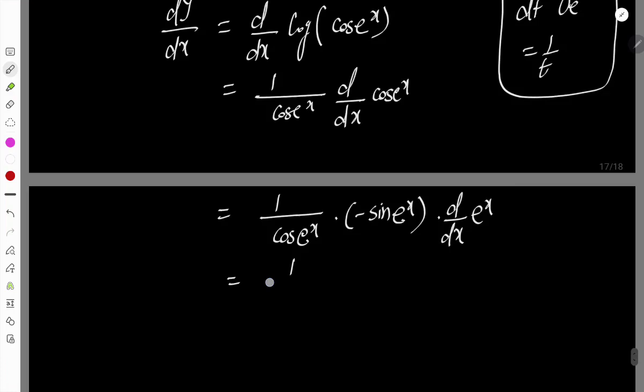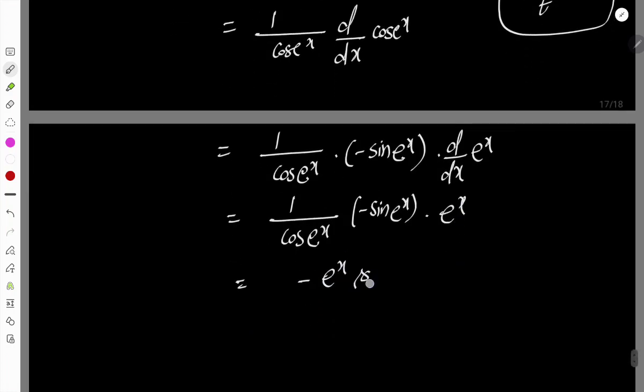That is the chain rule we are applying. 1 divided by cos e power x into minus sin e power x into e power x, since the derivative of e power x is e power x. So it is minus e power x into sin e power x divided by cos e power x. This is the answer.